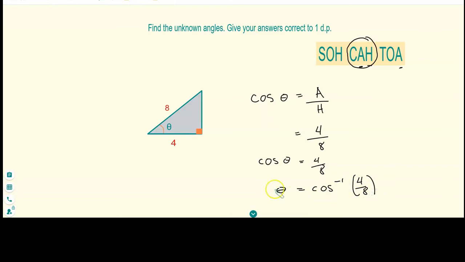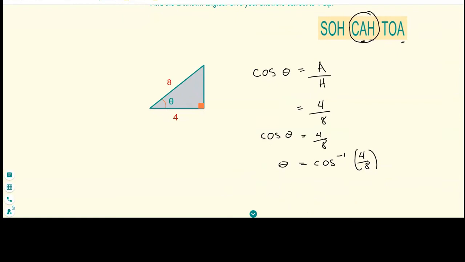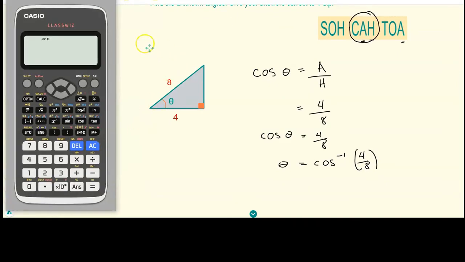We will need a calculator to work this out, so I'm going to get the emulator here. To put it into the calculator, you're going to find the cos, which is on the yellow bit.